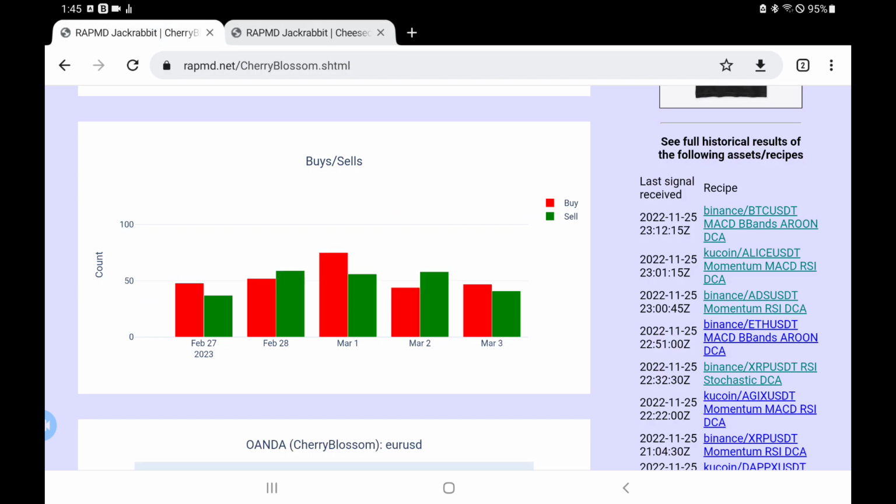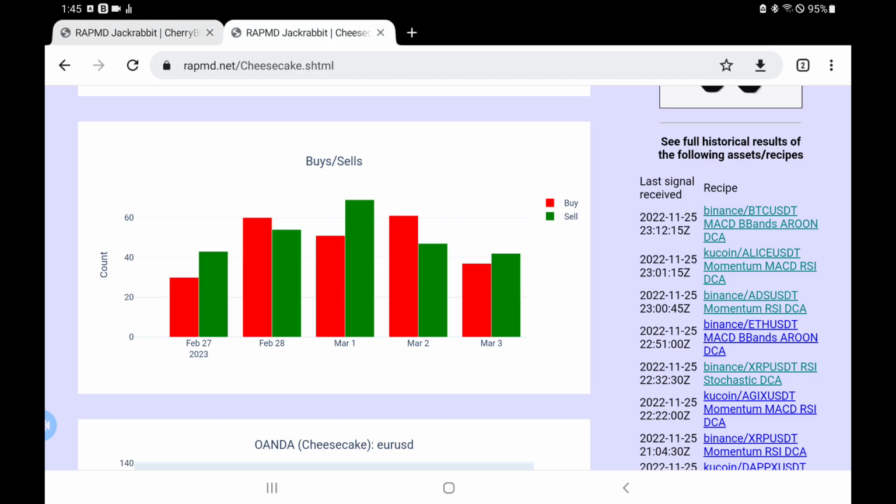For example, on March 1st, the buys were more on the short bot, but the sells were more on the long bot. So we have a direct correlation between long and short trading.